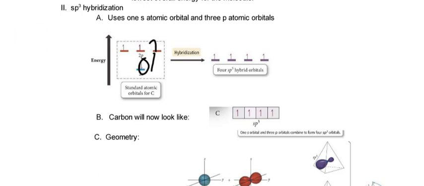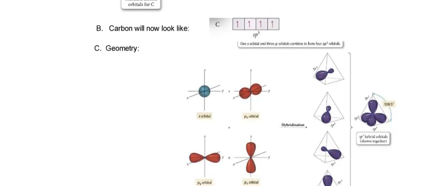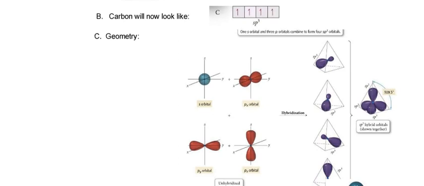So when they talk about the shape of these, notice I have 1 s and 3 peanut-looking ones. Well, I end up with 4 that are kind of S, kind of P, somewhere in between. I have a big lobe at one end and a little lobe kind of in the middle. And so when I put them all together, I have each of these lobes at the 4 corners of a tetrahedron.